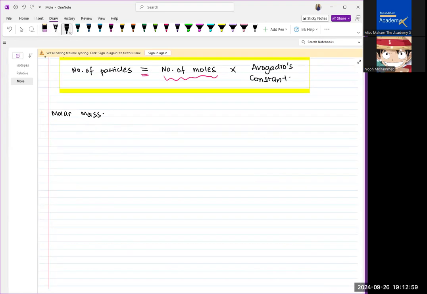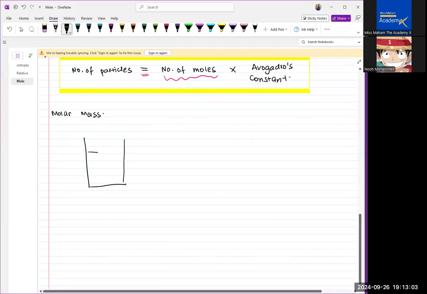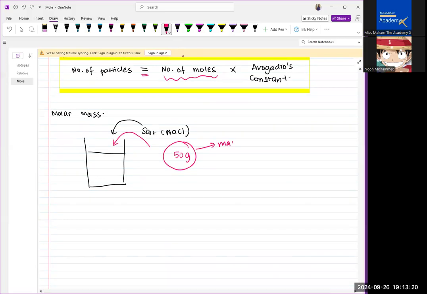Basically, if I have a glass of water and I'm adding salt to it. Salt is what? Sodium chloride, NaCl. And I'm adding 50 grams of salt to my water. This is my mass. And what is the number of particles here?